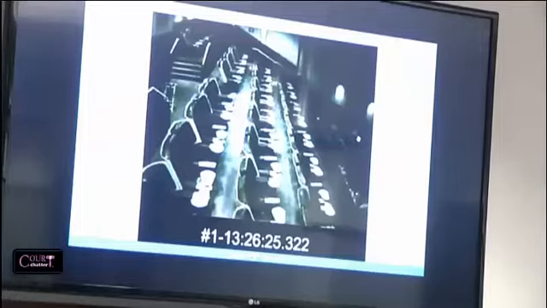Is that correct? Could you give the court the calculations in seconds for that sequence? If I wrote it down right, it's 6.206.